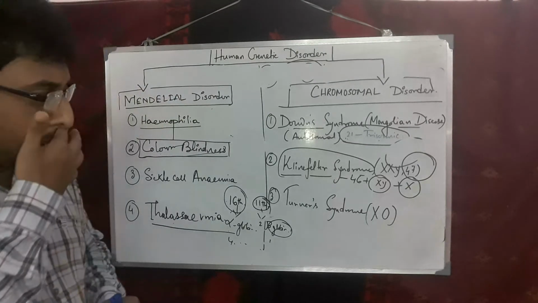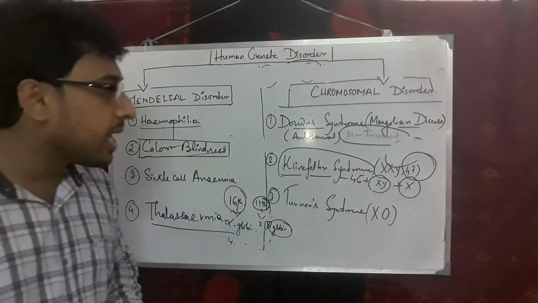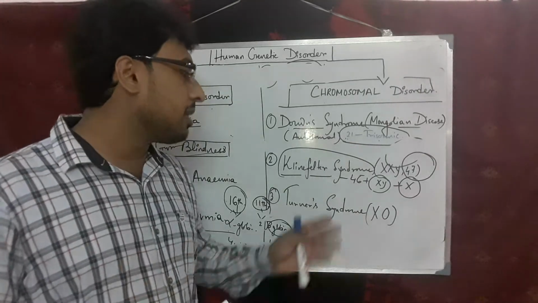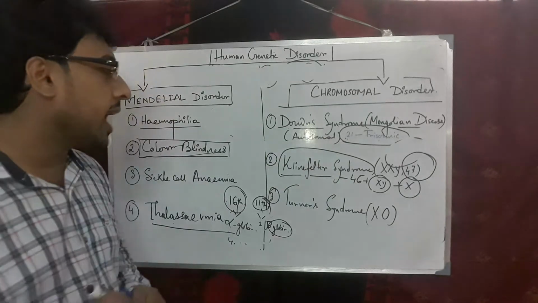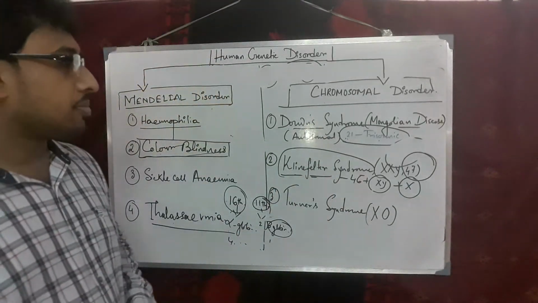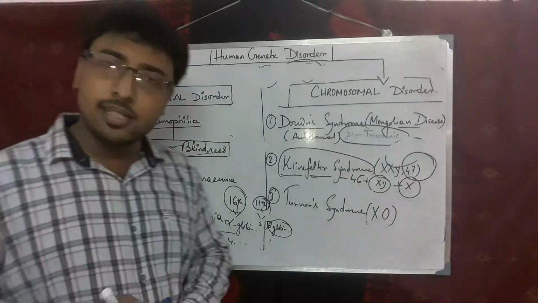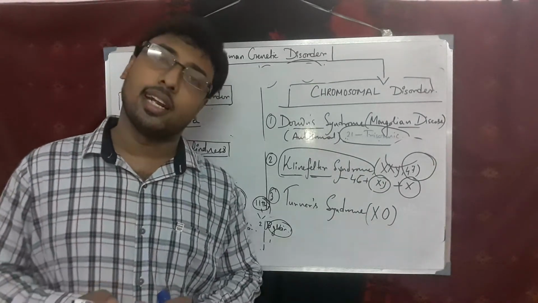Similarly, their mammary glands show a shortage of growth, and ultimately the reproductive parts of their body are underdeveloped.